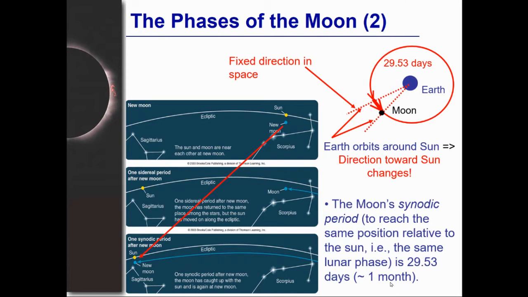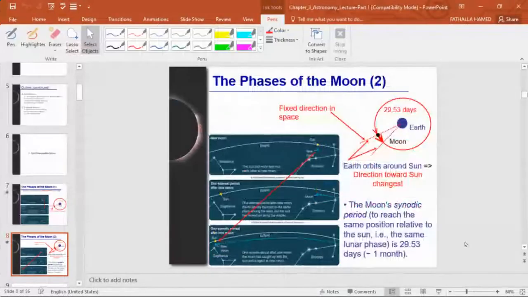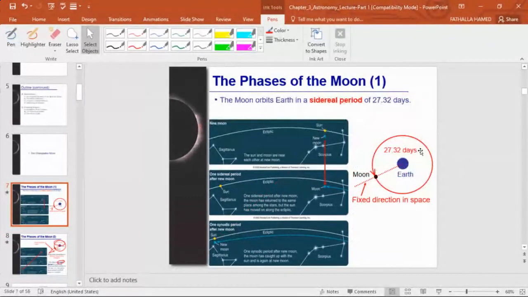So when we talk about the moon, we basically talk about two periods of the moon. We talk about 29.53 and we talk about 27.32 days.